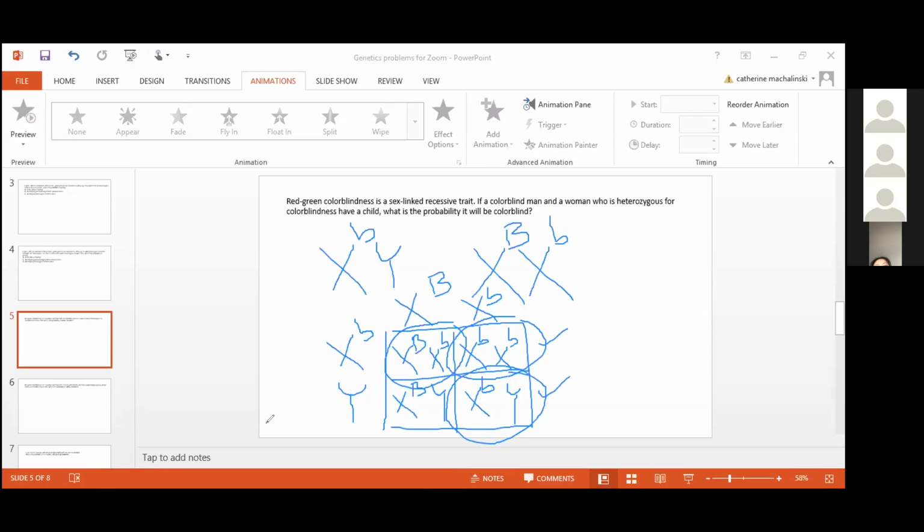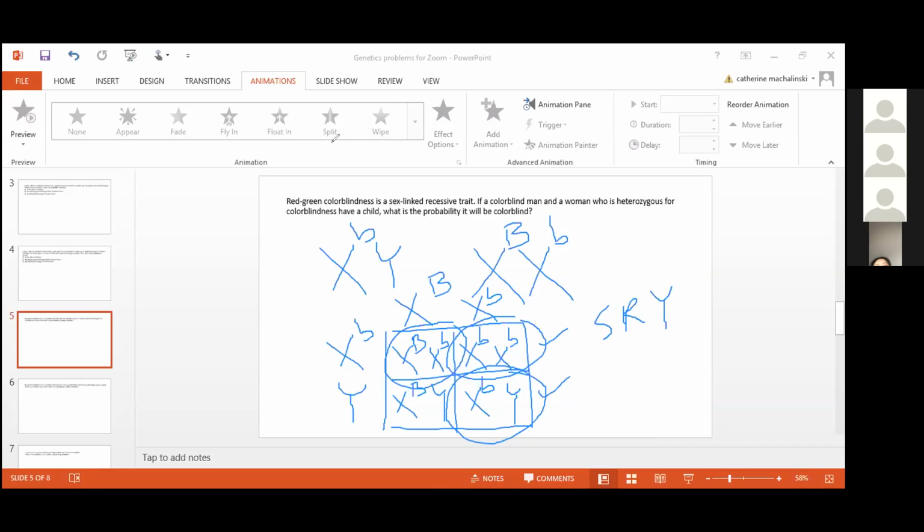So Y-linked traits exist, but there's really only one Y-linked trait that matters, and that is a gene called SRY. That SRY gene stands for the sex-determining region of the Y chromosome. If you have that gene, it turns on a pathway, if you will, a whole bunch of genes where the ultimate result is being male.